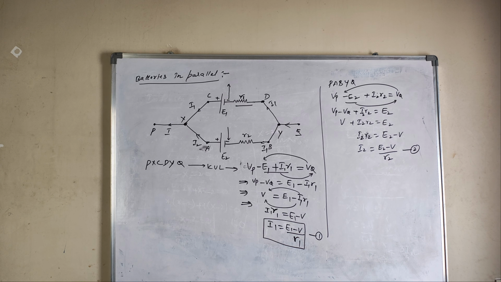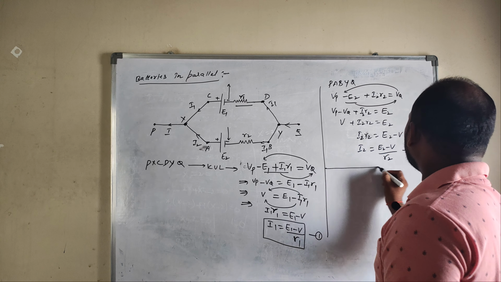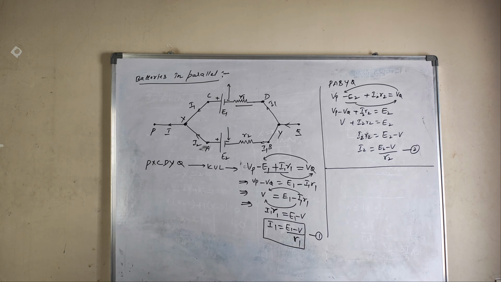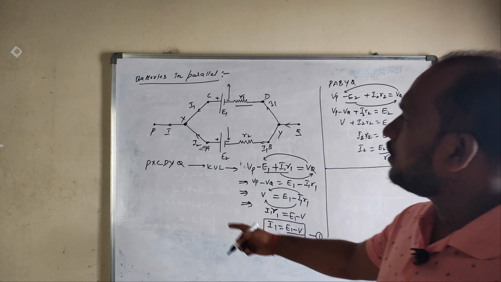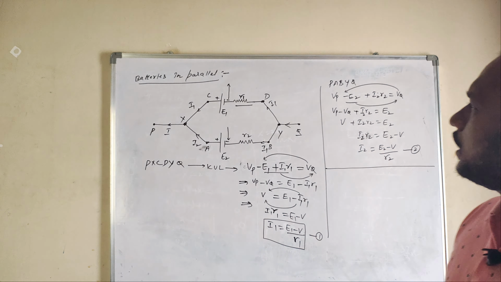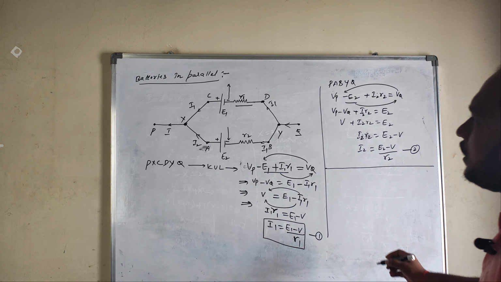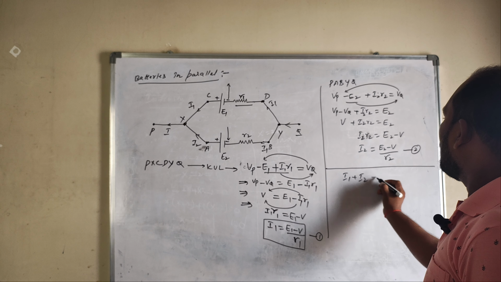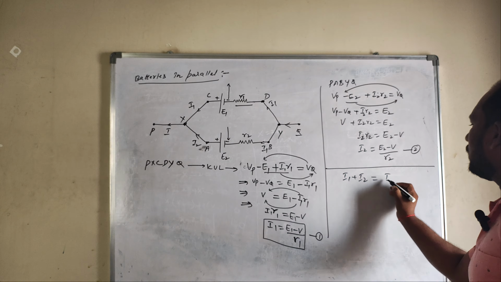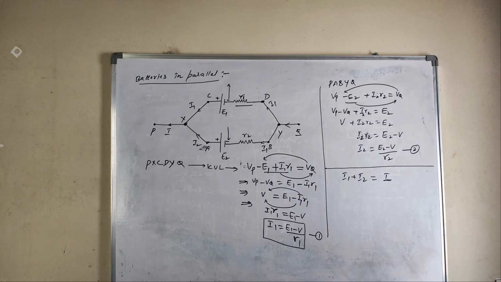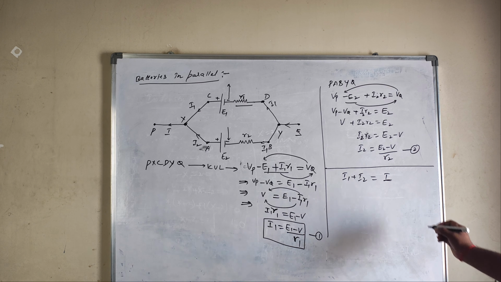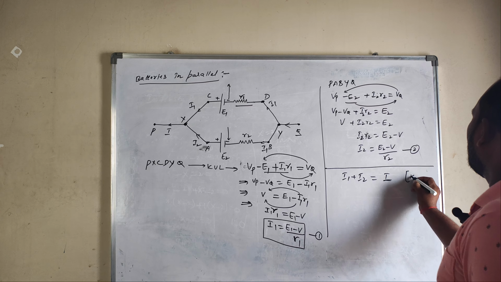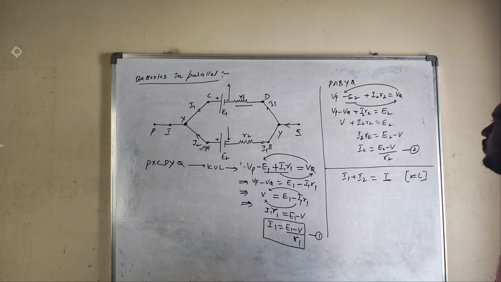Now according to Kirchhoff's current law, what is Kirchhoff's current law, guys? Kirchhoff's current law states that the sum of incoming currents is equal to the sum of outgoing currents. Now what are the incoming currents here? I1 plus I2 are the incoming currents, equal to the outgoing current, which is I. This is according to KCL.